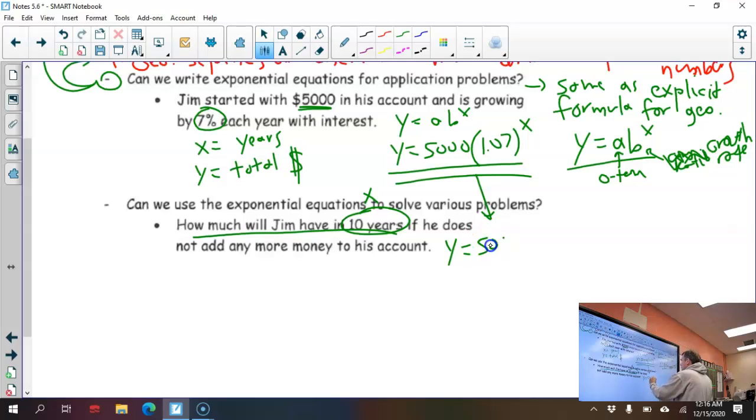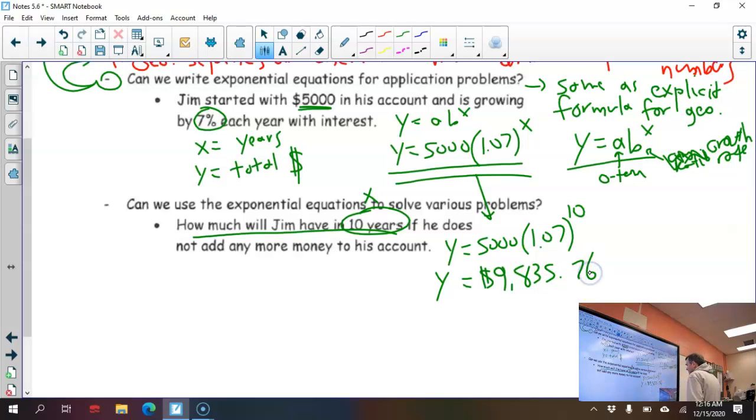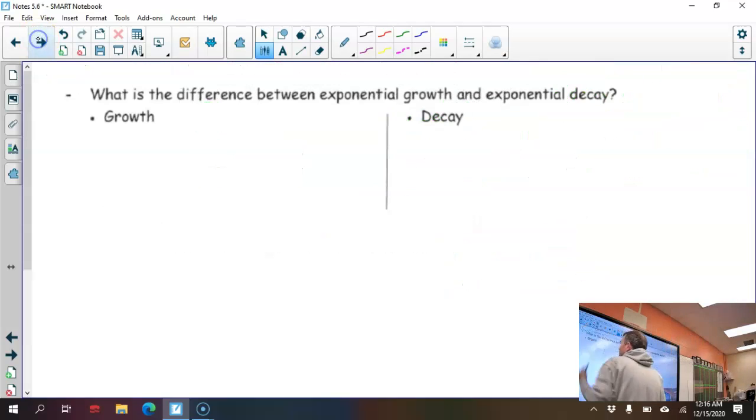It'd be y equals 5,000 times 1.07 to the 10th. This is how I show the calculation I'm going to do to get the answer. And then I actually do the calculation, and we get $9,835.76 approximately.